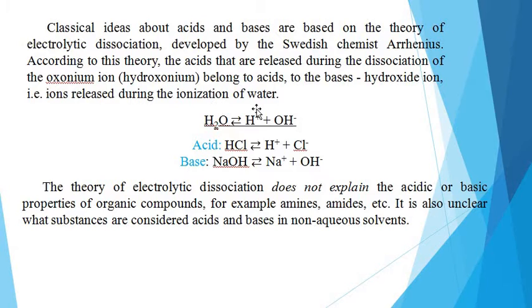Water dissociates into a positively charged hydrogen and a negatively charged hydroxide group. Or in the case of the dissociation of the strong acid hydrogen chloride, it dissociates into a positively charged hydrogen proton and a negative chloride ion. For strong bases, for example sodium hydroxide, dissociation forms a positive sodium ion and a hydroxide ion.